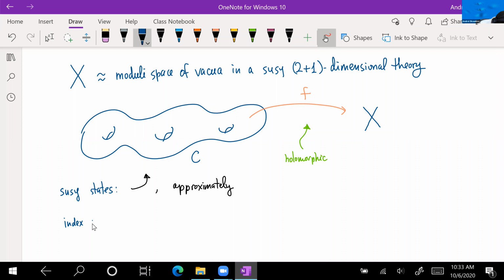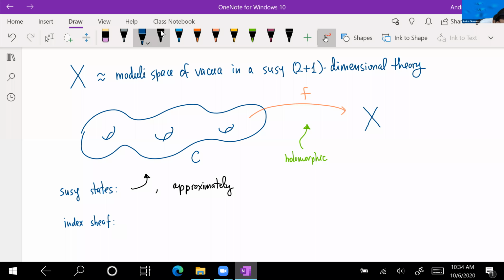Remember, the discussion from lecture 1 was that if you want an index of an operator, first you get a K-theory class on the manifold on which your differential operator acts, and then you can push forward that index to the point so you get the index of the differential operator.